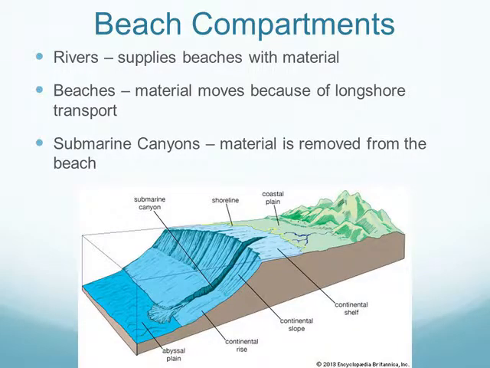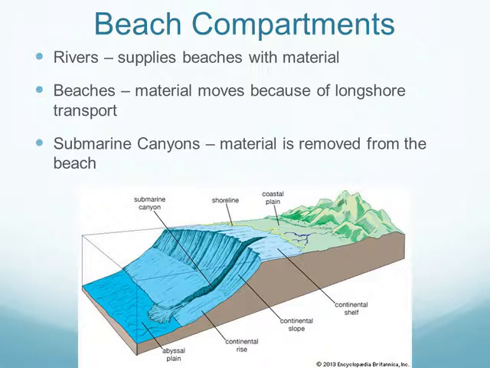But the three main, what your textbook likes to call compartments, but essentially the steps by which material gets from land to the deep ocean, there are 3 steps to that. So I highly recommend you remember what these 3 steps are, as they may appear on the exam.